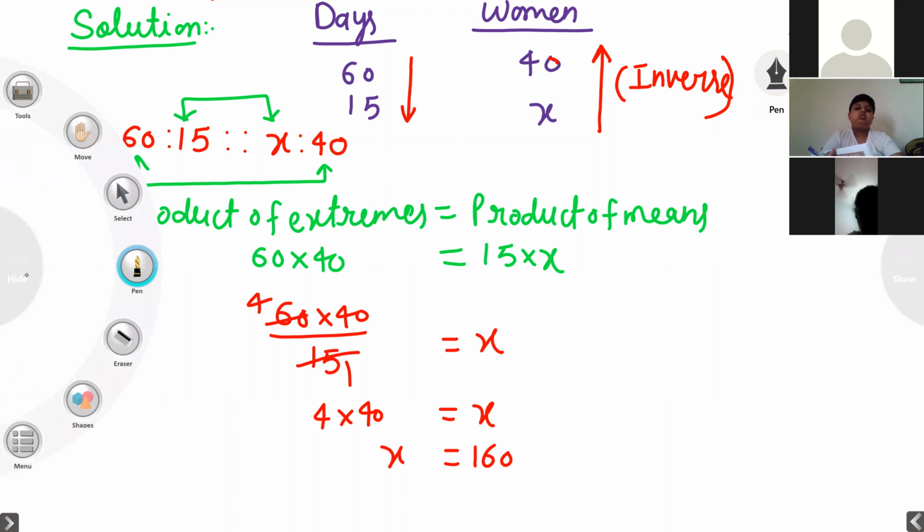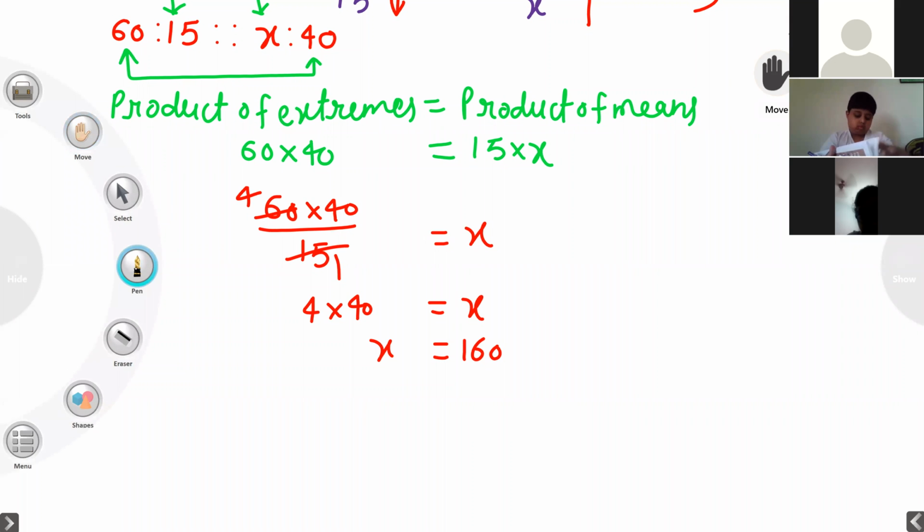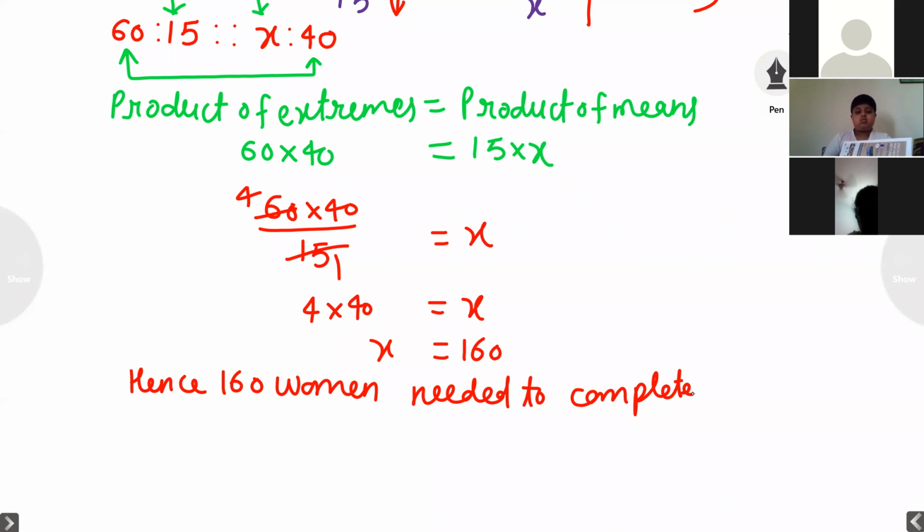Hence, 160 women are needed to complete the work in 15 days.